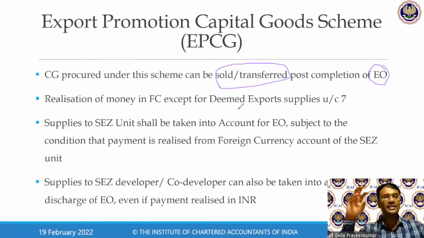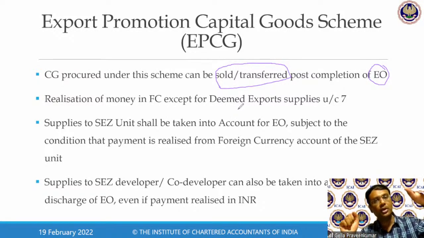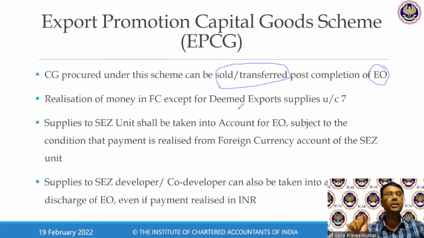When you prepare your fixed assets schedule under your Companies Act or various provisions concerned, if there is an export obligation, there was a guidance note issued by ICAI where they say the value of the export obligation cast on this particular thing, the duty which was saved, should be disclosed and quantified, saying that this particular machinery was procured under this EPCG scheme, where the export obligation is left for the remaining period of 3 years, remaining period of 4 years.